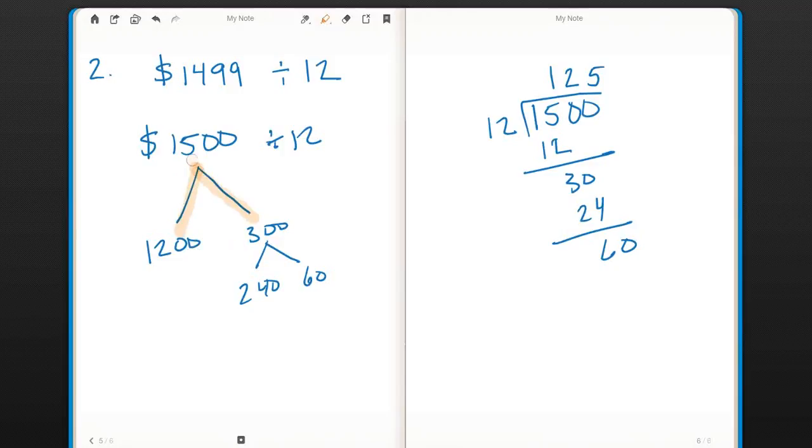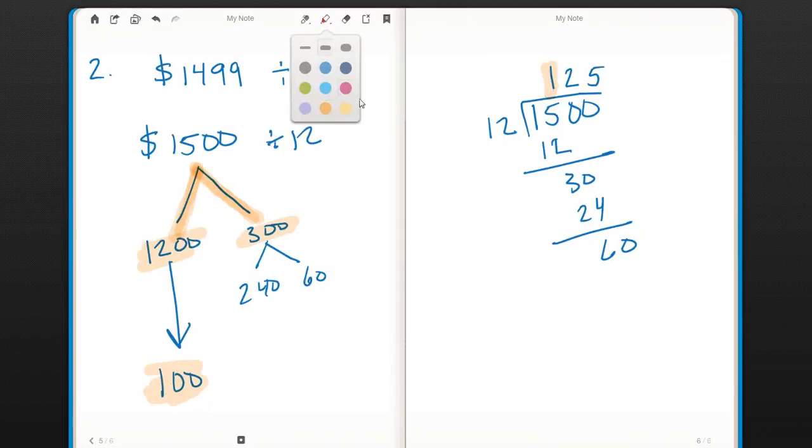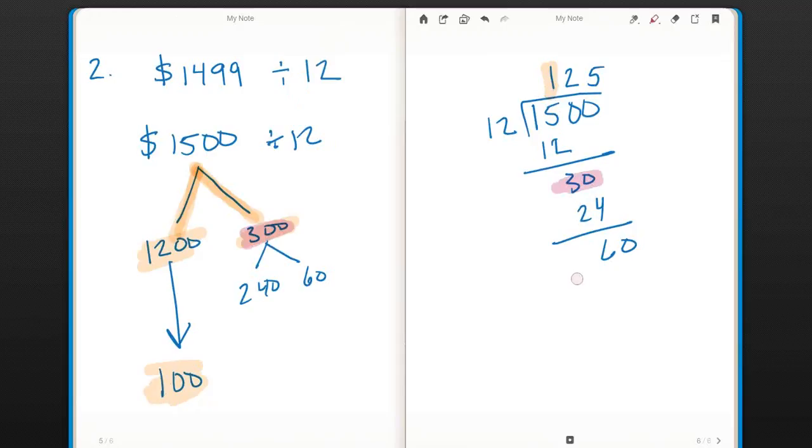What we're basically saying is, if I take 1,500 and call it 1,200 and 300, then 12 hundreds divided by 12 is 100. And that's where this 100 comes from on that other side. And notice when I do that, what I have left is the 300, which in effect is what I have here.